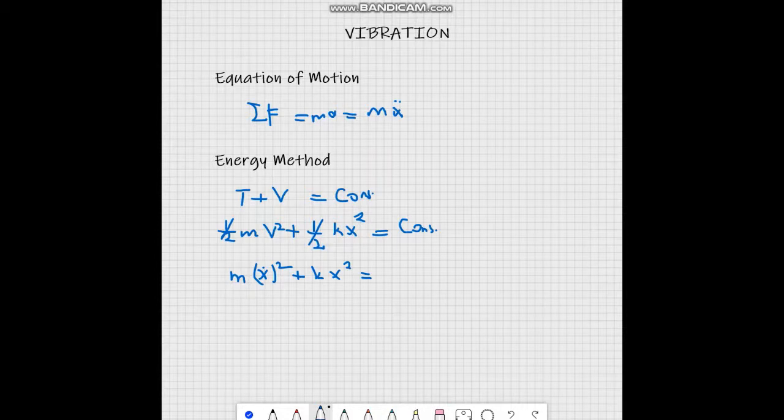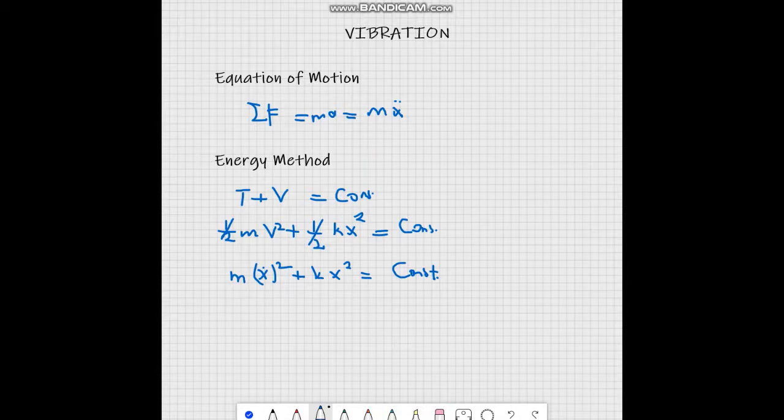Multiplied by 2 it is still a constant, because if you multiply a constant with some number, it's again a constant. So it does not change with time or displacement.